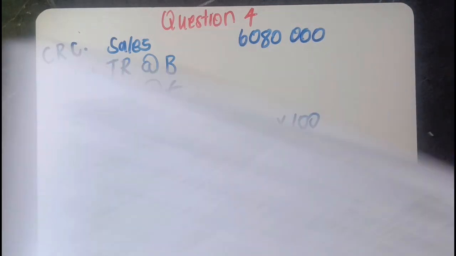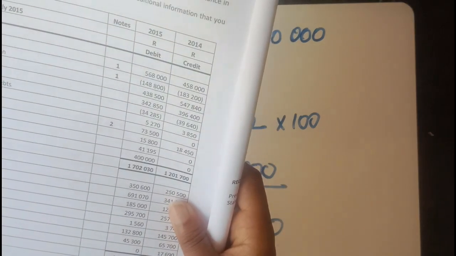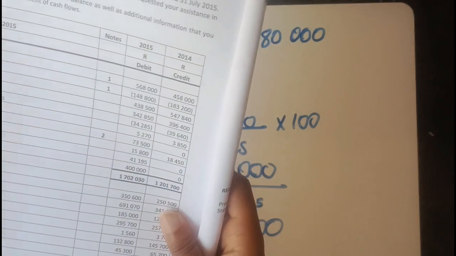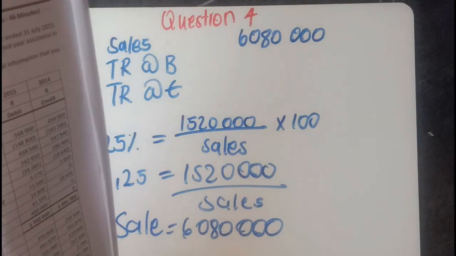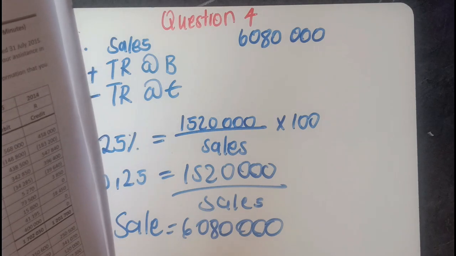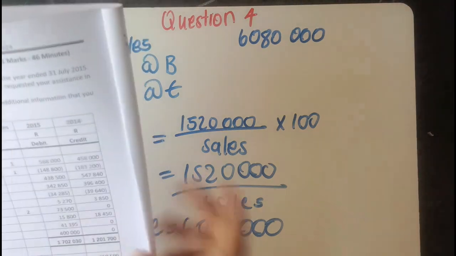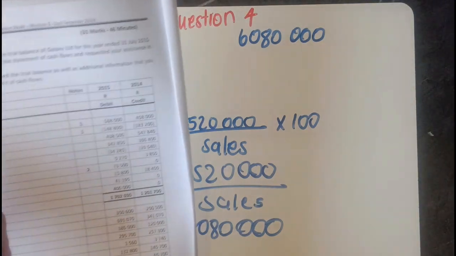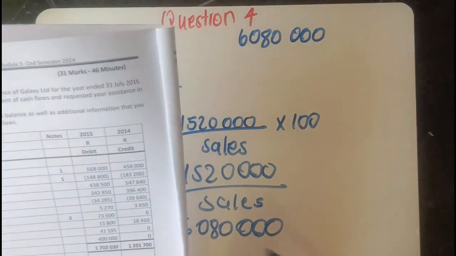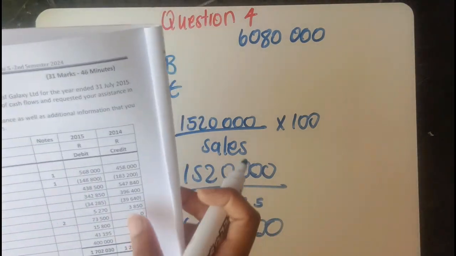Right. And then you look at your trade receivables. There you are. So check first, is there something that is affecting trade receivables? There's nothing. So if there was bad debts or credit losses, you'll have to subtract them, or anything that changes the trade receivables, because we have the trial balance, not financial position.